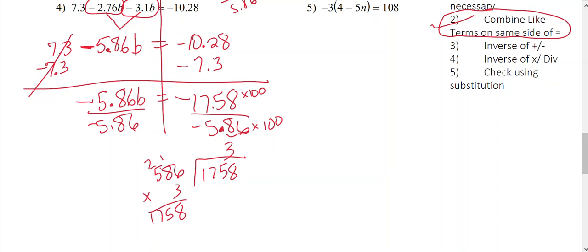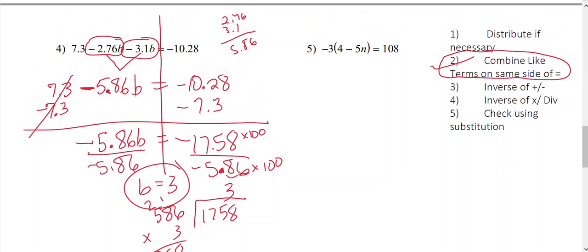So a negative divided by a negative is a positive, so I'm left with b equals 3. We should then go back and substitute just to check for accuracy. I'm going to move on for the sake of time here.